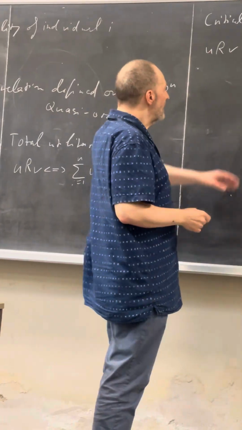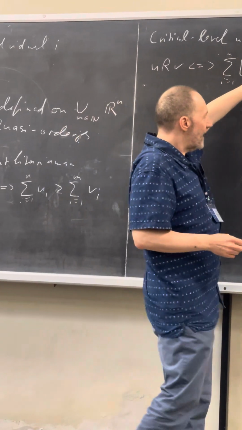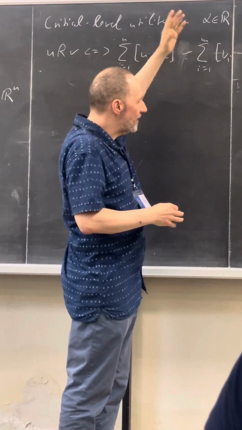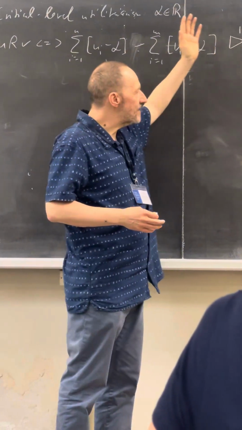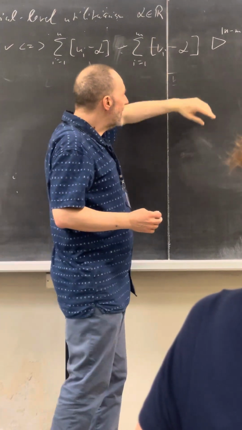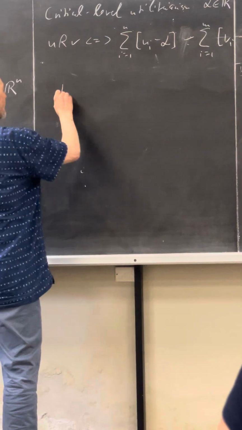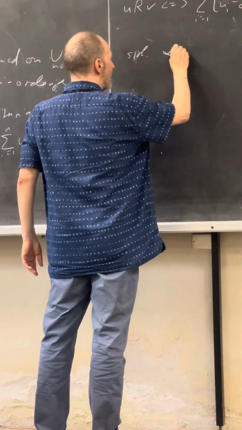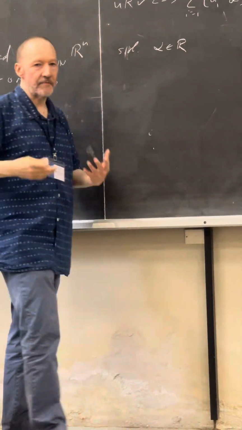The class of quasi-orderings that we consider, we call them threshold critical level utilitarianism, is such that, first of all, alpha has to be a real number, a critical level.